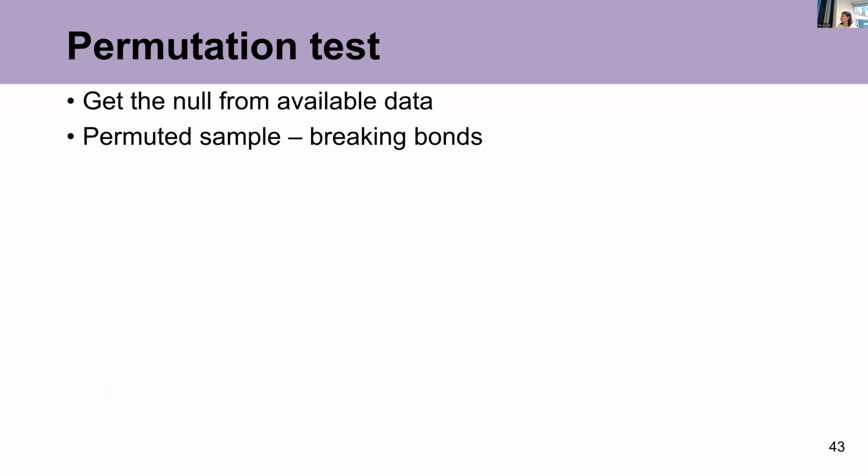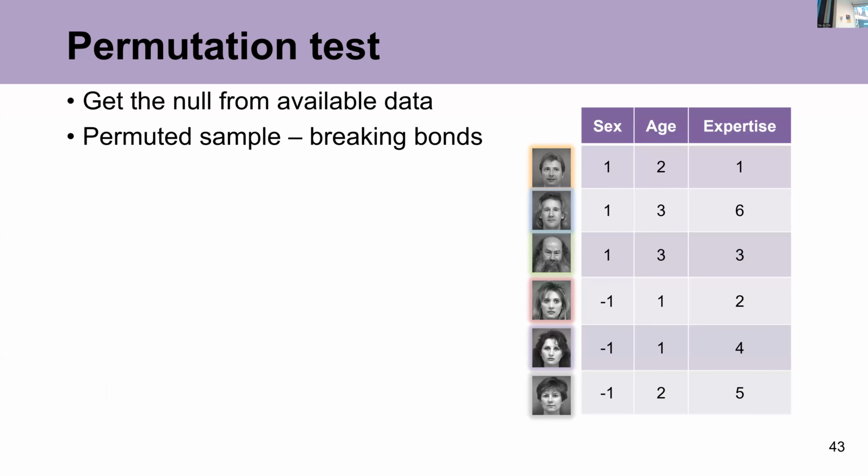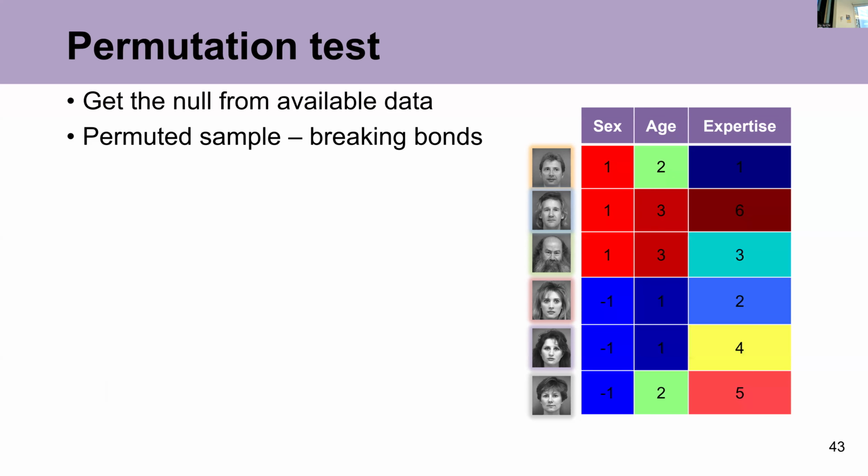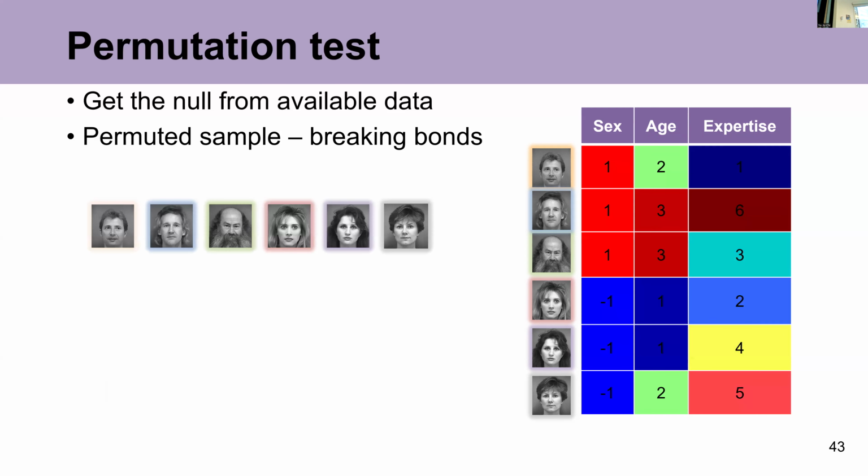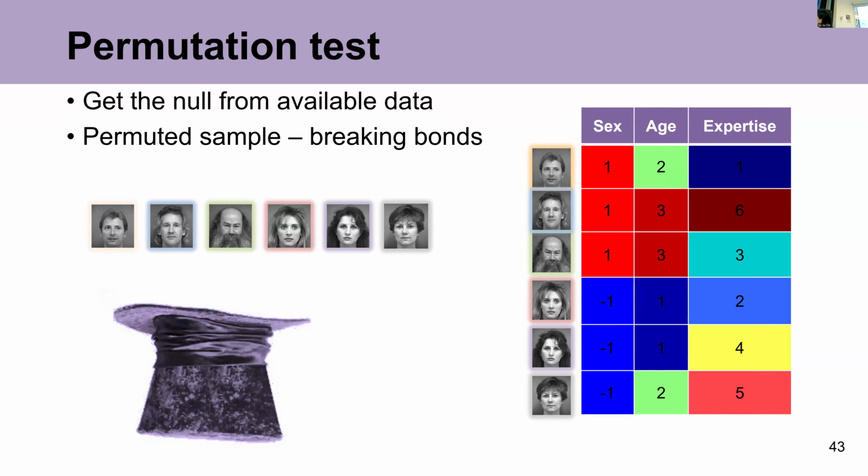So what that means is, for example, I have 6 people and they're measured on 3 things, right? The variables are connected for each person. Does that make sense? What permutation does is that I break the link between these variables and shuffle it independently.